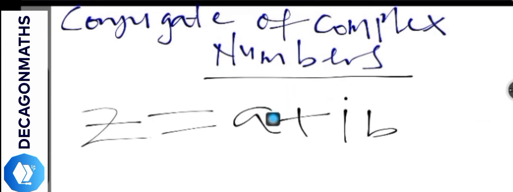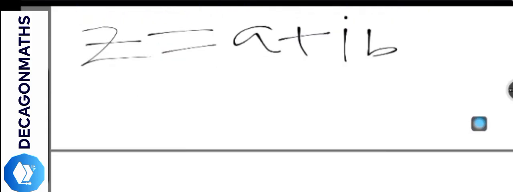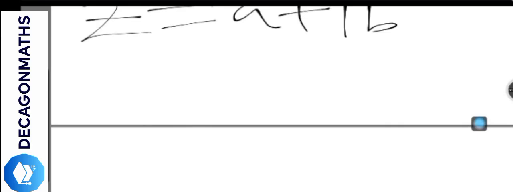And we know that a is the real part, i is the imaginary unit, and b is the imaginary part, right? So having said that, now let's define the conjugate of a complex number.